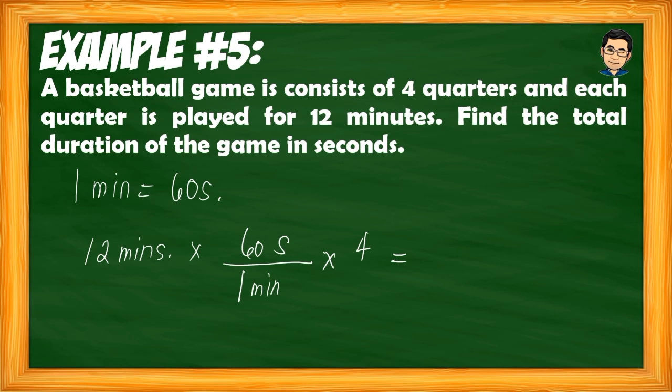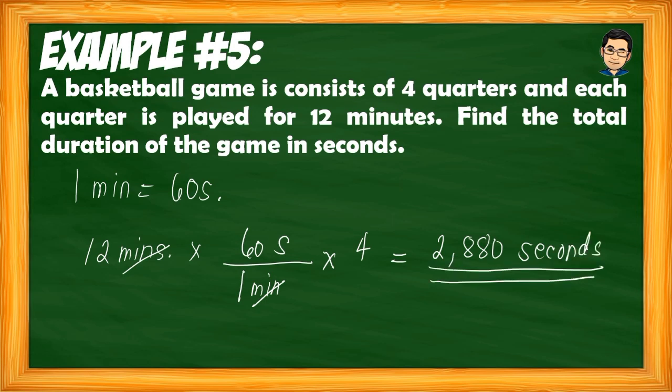Ayan. I-cancel natin yung minutes. And then, i-multiply lahat natin yung mga natira. So, 12 times 60 times 4. Kapag minultiply natin yung 12, 60, and 4, ang lilitaw pong sagot is 2,880 seconds.